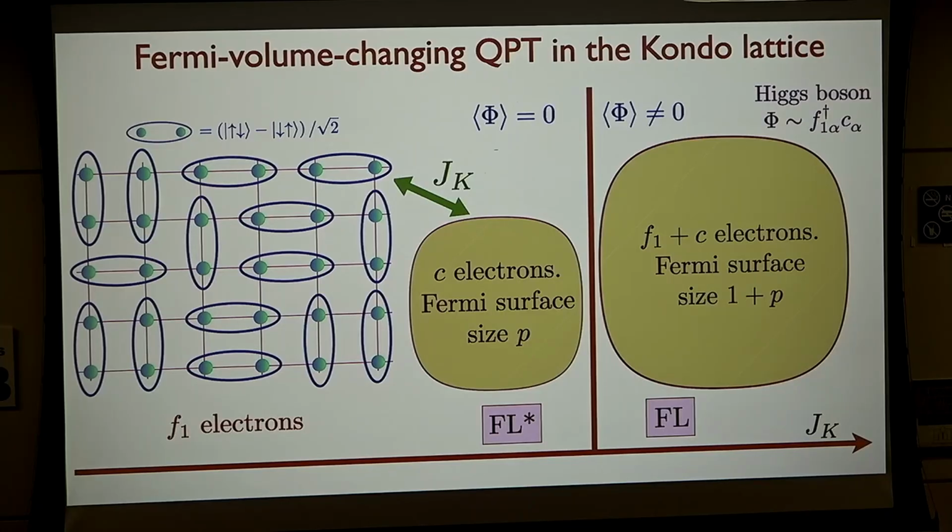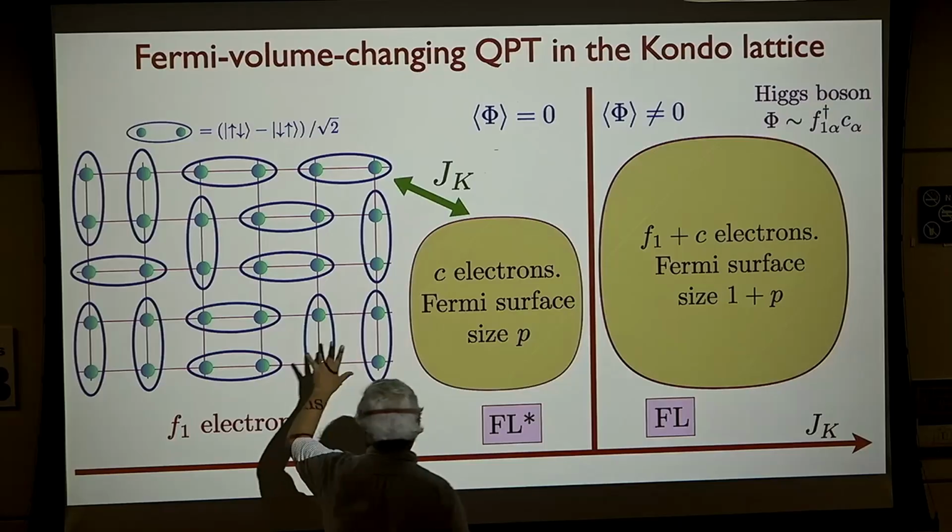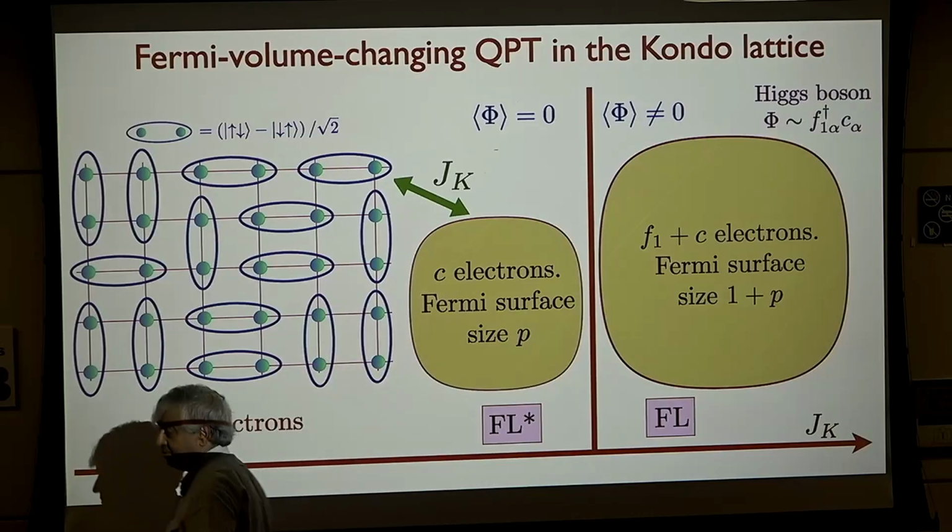So does the Fermi surface size change? Well, it goes through some very complicated shapes as you go through. To get this transition to work, you need to take a spinon Fermi surface. On this side, there's the C electron Fermi surface, and then there's a spinon Fermi surface.